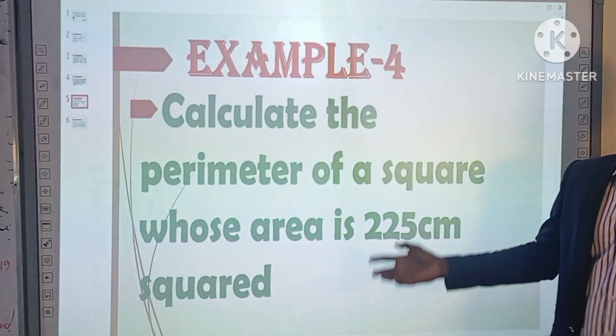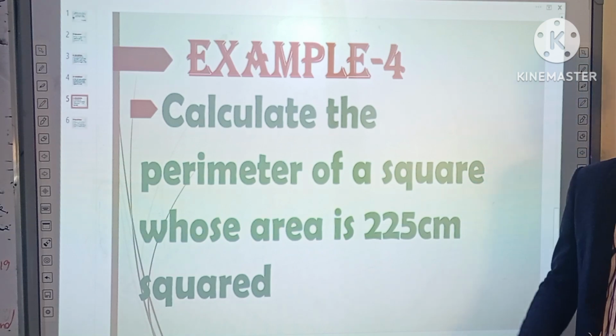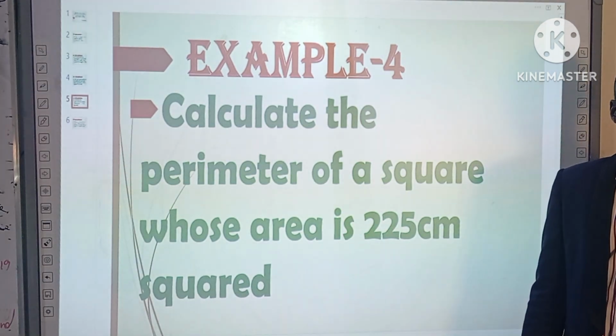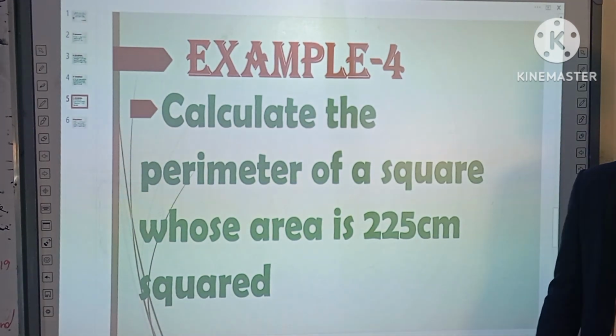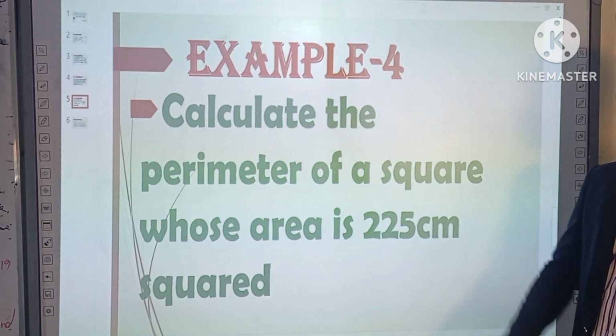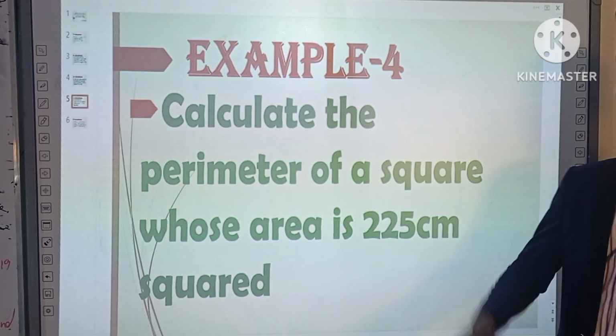So when looking for the side of a square, when the area is given, we simply look for the square root of the area. So in this question, the first thing we must do is to look for the side of the square by looking for the square root of the area, and with that, we can calculate the perimeter by inputting the side into the formula for the perimeter of a square.